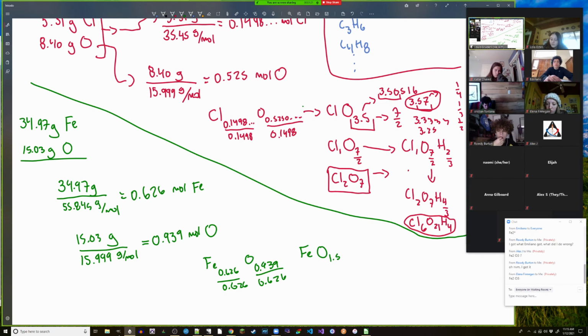I don't feel bad about rounding to 1.5 at all. So we're going to use our trick of converting 1.5 into a fraction. Halves makes sense, 1 over 2. So it's going to be 3 halves, right? So that means we want to multiply everything by 2. That would give us Fe2O3.